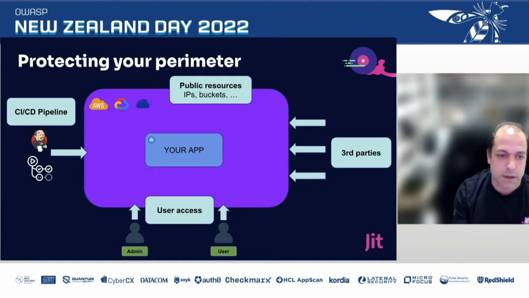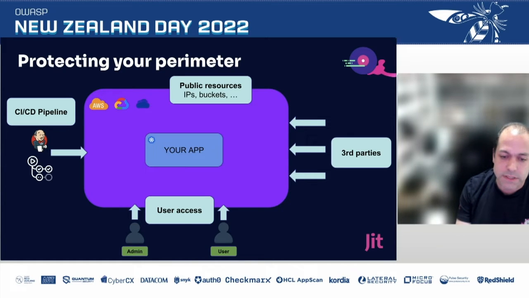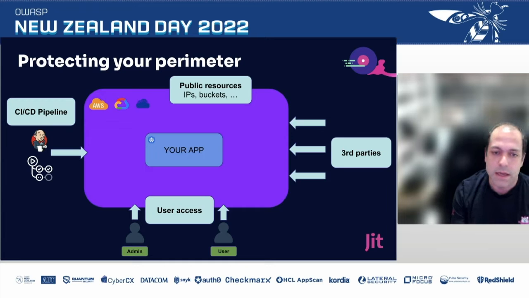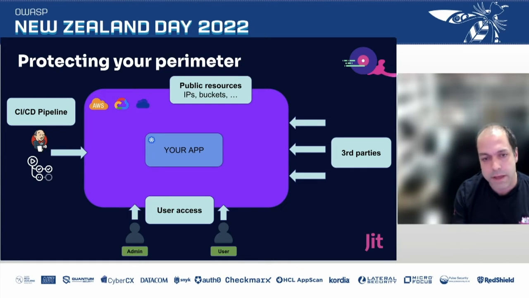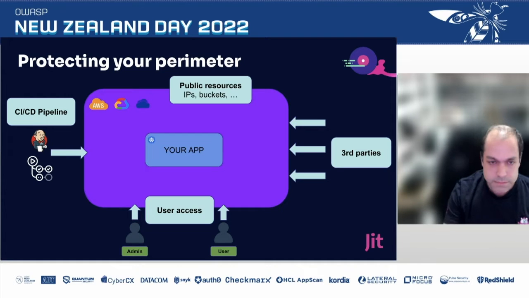It could be some add-on that you're installing. It could be some SaaS services that you use in order to get some additional visibility into your environment. So you have multiple ways that attackers can leverage those entry points and make your whole application vulnerable.